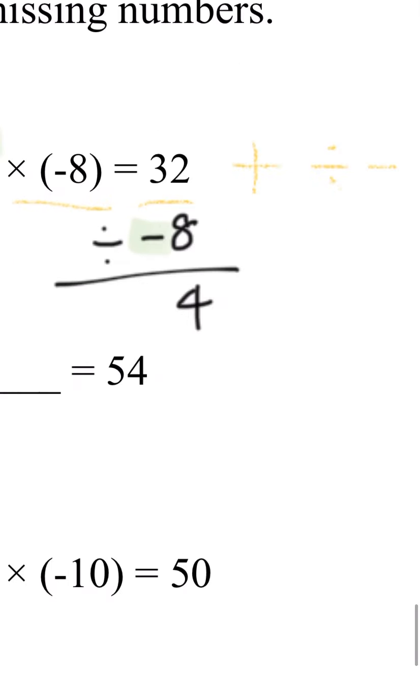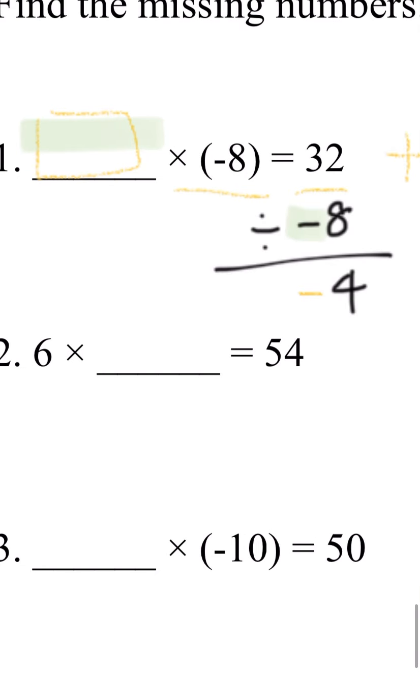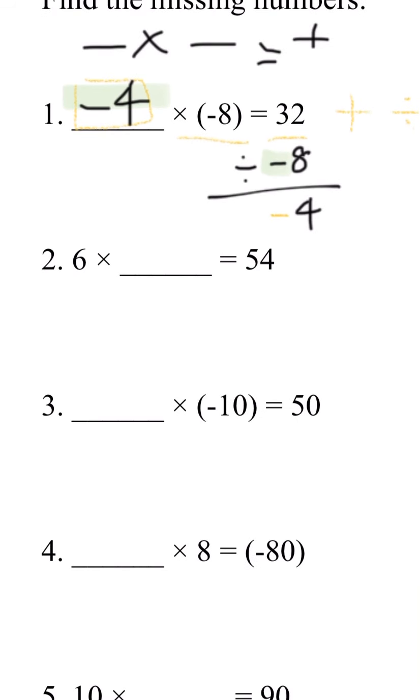So what do we need? We need a negative in front of the 4. And so our final answer is -4. Okay? And we could check, look, negative times a negative, right, equals a positive. Okay? So we could check like that also.